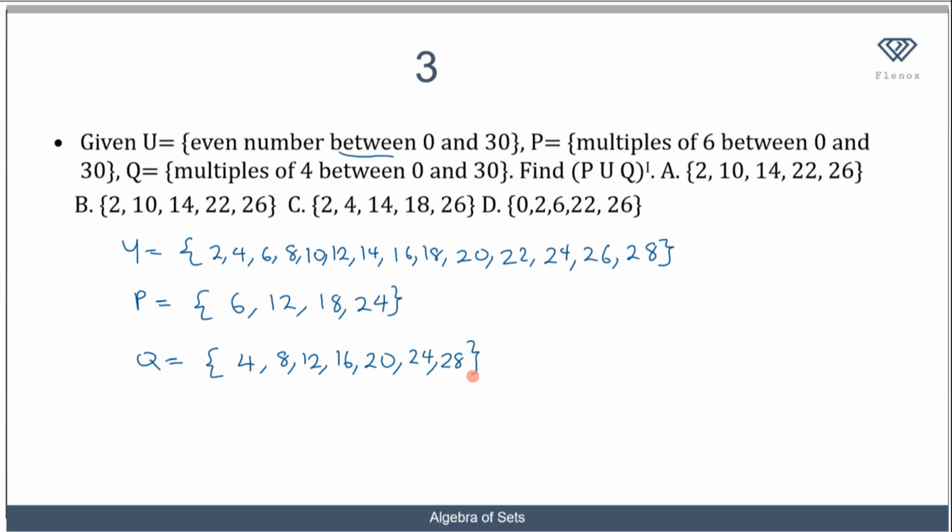Now we are told to find the complement of P union Q. So what is the first thing we have to do? We have to find the union of P and Q. And what does P union Q mean?